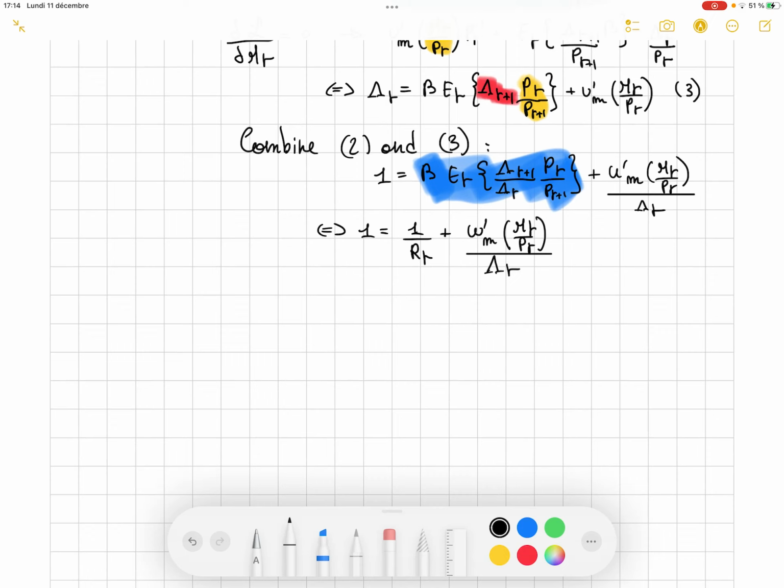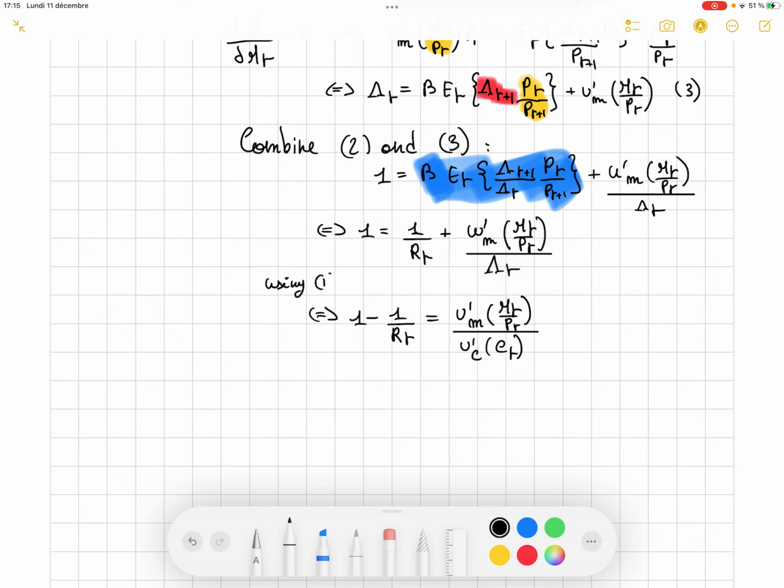If we make the thing look a bit nicer, you have basically 1 minus 1 divided by the real interest rate, that is equal to the marginal utility of money divided by the marginal utility of consumption, from a first order condition.